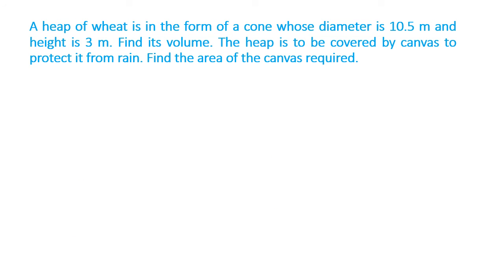The next sum we have is a heap of wheat in the form of a cone. There is a heap of wheat lying on the ground, a conical heap, whose diameter is 10.5 meter and height is 3 meter. Find the volume. So let us find the volume.